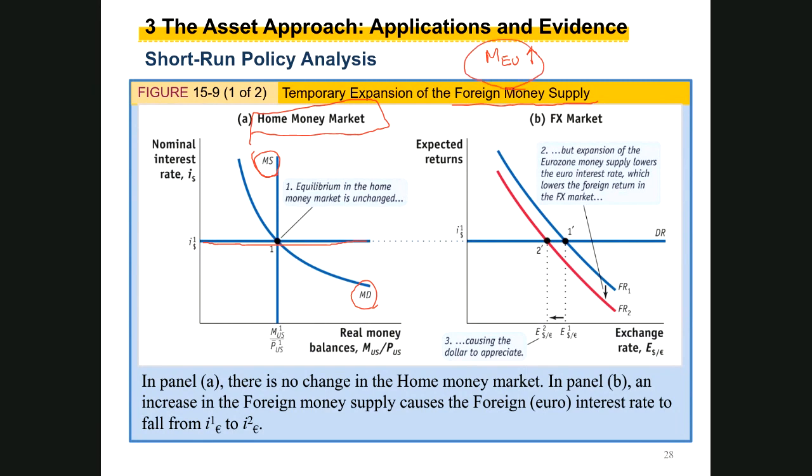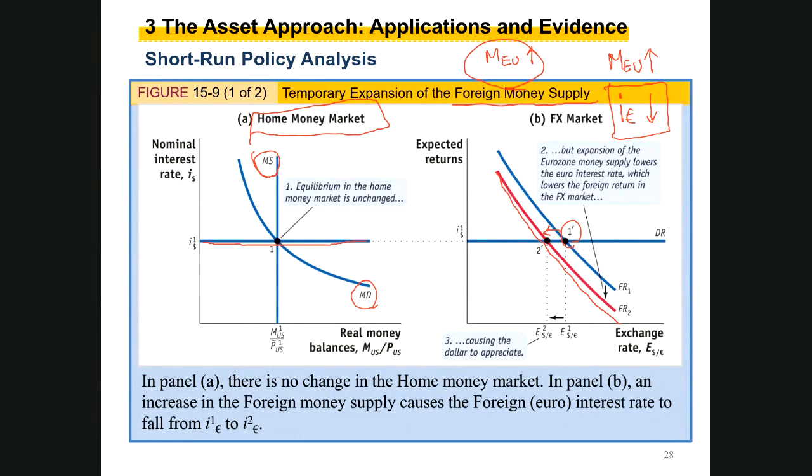But if this one increase, based on our model, the money supply in Europe increase, that will cause the interest rate, the rate of the return in Europe decrease, right? So if this one decrease, this is something we already took a look at in the beginning of the lecture today, right? So if the foreign interest rate decrease, that will shift down the FR line here, right? So this will drive my equilibrium from 1 to 2.